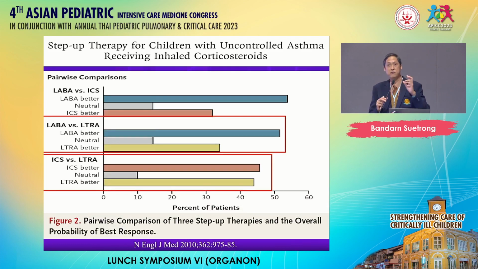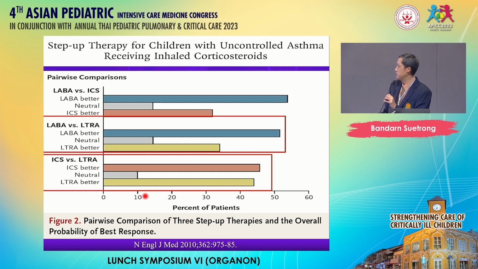Interestingly, if we focus on the treatment outcome for the leukotriene receptor antagonist and compare it with the long-acting beta-2 agonist, we will find that most of them will respond better with the long-acting beta-2 agonist, approximately 50%. But the remaining 35% will respond better with montelukast rather than adding a long-acting beta-2 agonist.